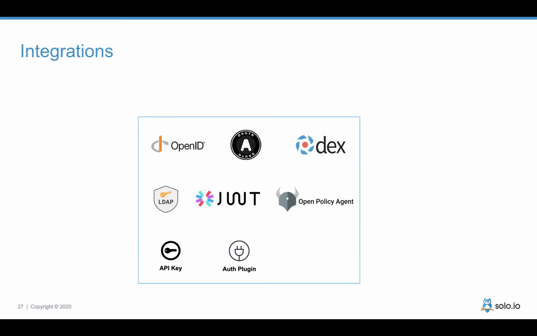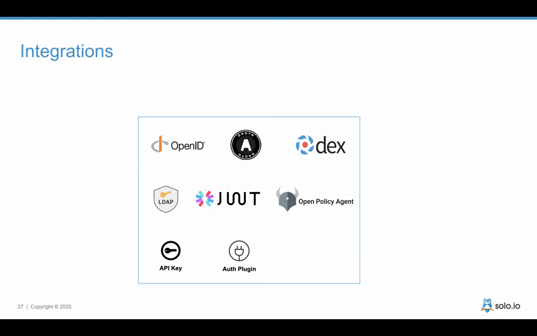We've done specific integrations or extensions to support use cases around JWTs, around authorization with OPA, or Open Policy Agent, LDAP, Dex, and other tools. We've also been working towards developer workflows and supporting API keys as a mechanism to authenticate and authorize. But the built-in implementations sometimes aren't enough.